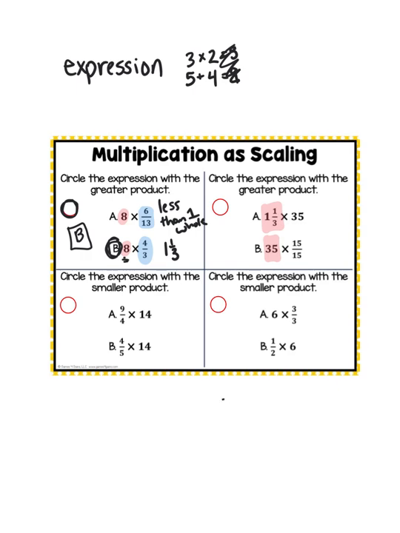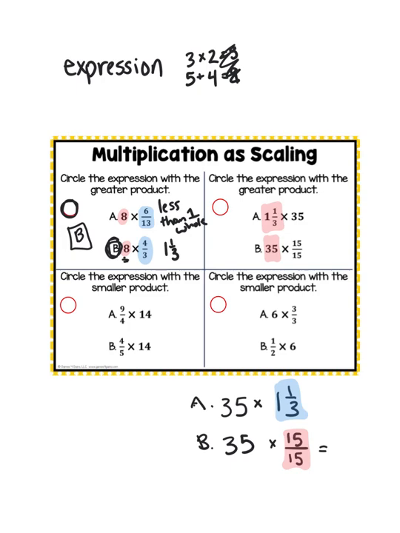So if I do 35 times 1 1/3, and I compare that to 35 times 15/15, I immediately recognize that 15/15 is equal to 1 whole, whereas 1 1/3 is greater than 1 whole.